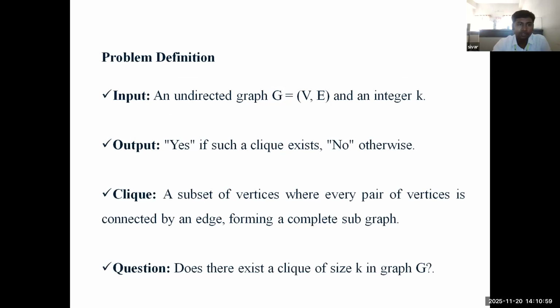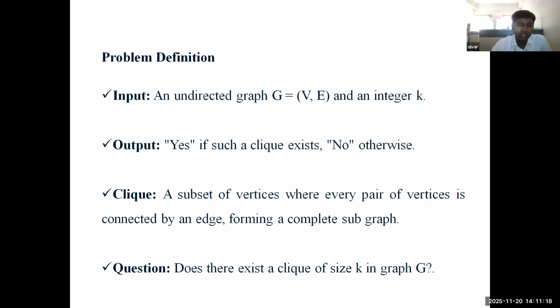Okay, here the next one is the problem definition. Here the input given is a subgraph of graph G equal to (V, E) and an integer k. The output is yes if the clique exists, or no otherwise.